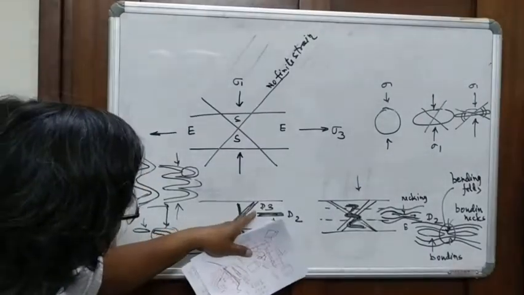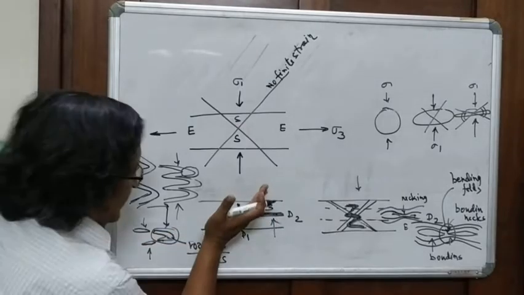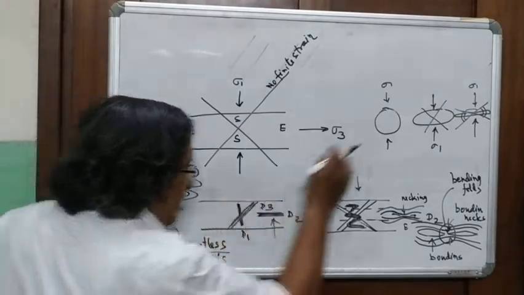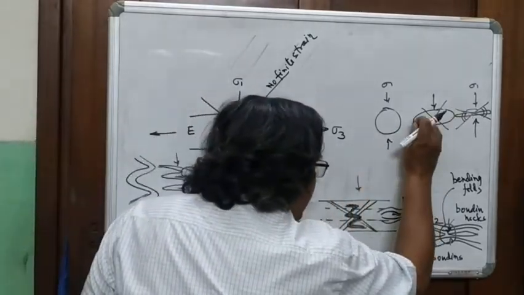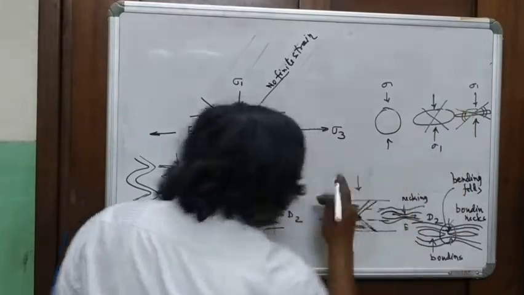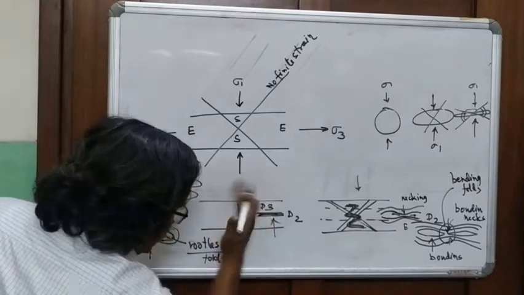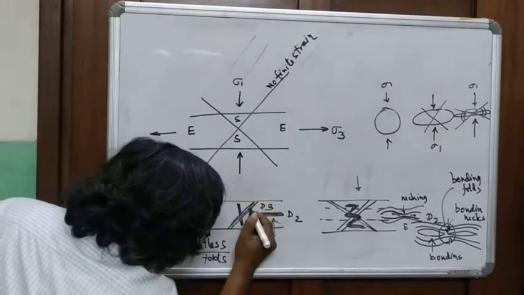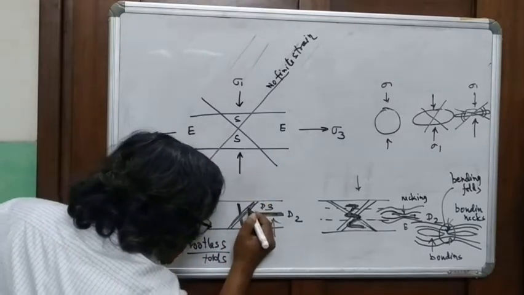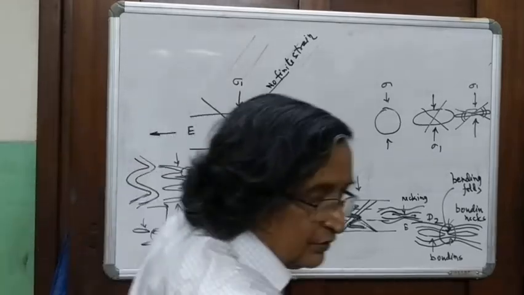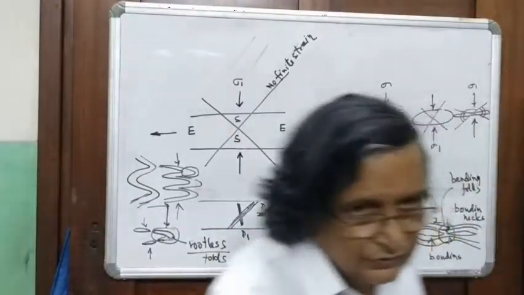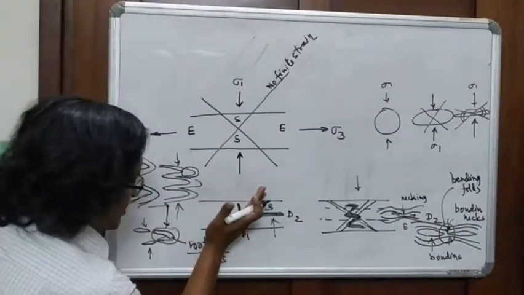Even this one, D3, as I told you, at the initial stage it may not deform, but as you increase the strain, you can see this moves off. So your strain field becomes off. So this gets into the shortening field. And once it gets to the shortening field, it will fold. Initial orientation was here.